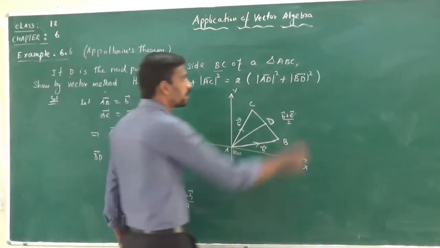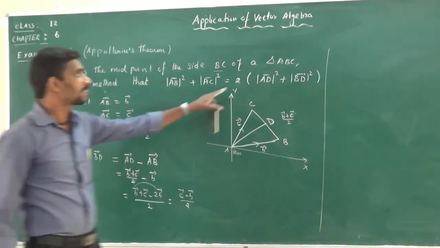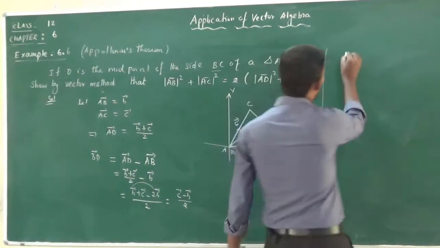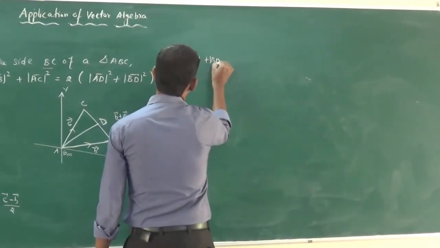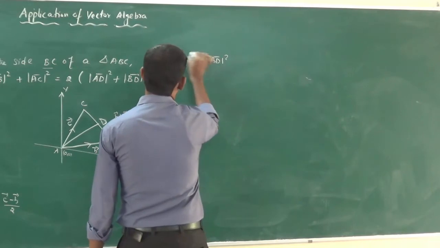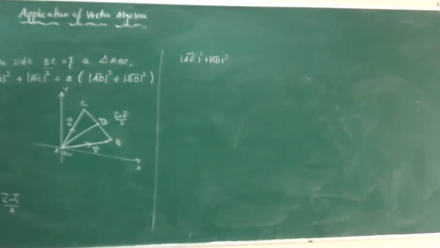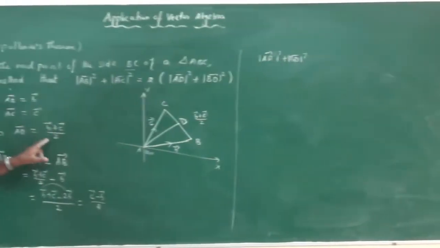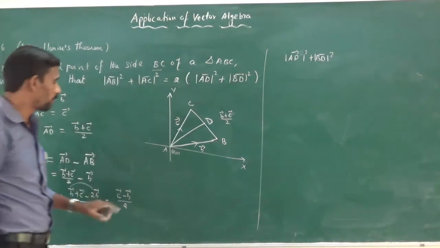Now take AD square plus BD square: the magnitude of AD vector square plus BD vector square. AD vector square is B vector plus C vector divided by 2, and BD is C vector minus B vector divided by 2.